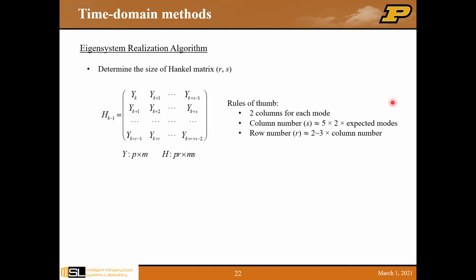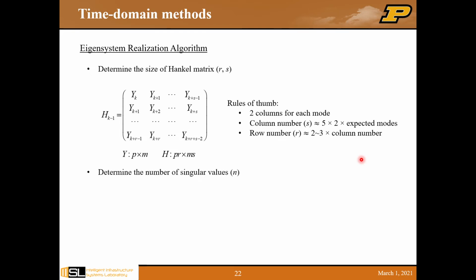And the number of rows can be computed as 2 or 3 times the column number. So if we want to identify the first 3 modes, then we need around 60 to 90 rows. Usually we will try 90 rows here.